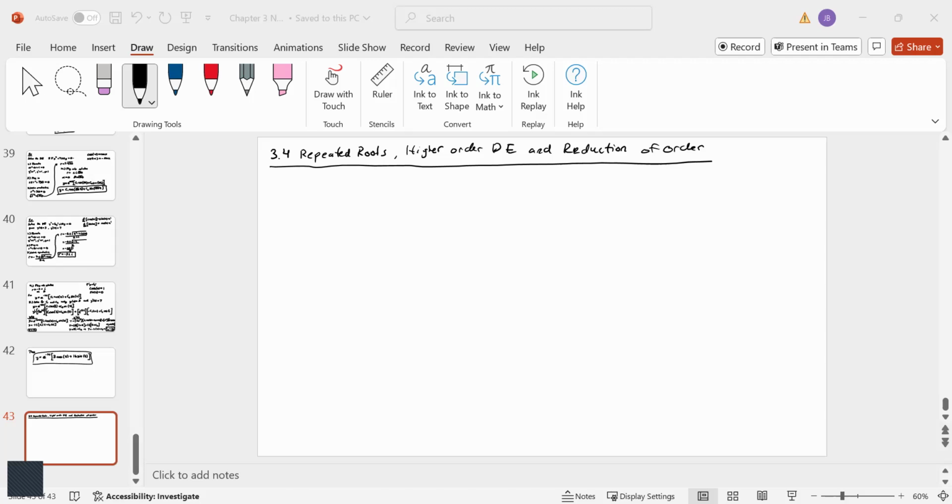So, let's get into the repeated roots aspect first. One of the things we have to talk about is what does it mean to be a repeated root, at least from an algebraic perspective.